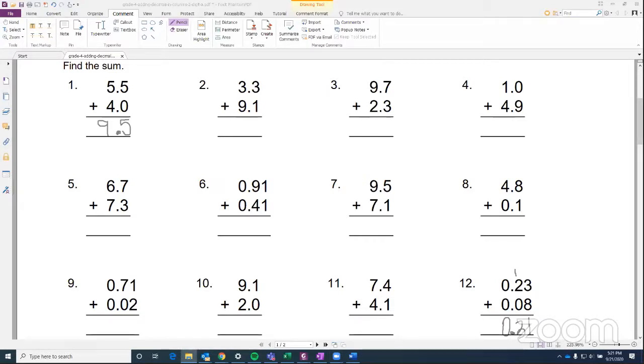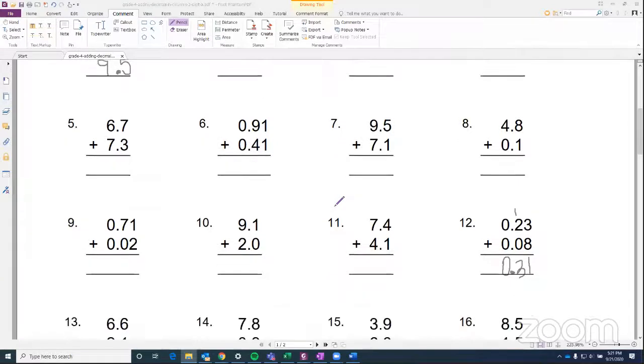Okay, well, I would say go ahead and do a couple more of these, and then maybe a couple of 3-digit and 4-digit addition and subtraction. If you have time, you can do a couple of division, maybe not a lot. Perfect.